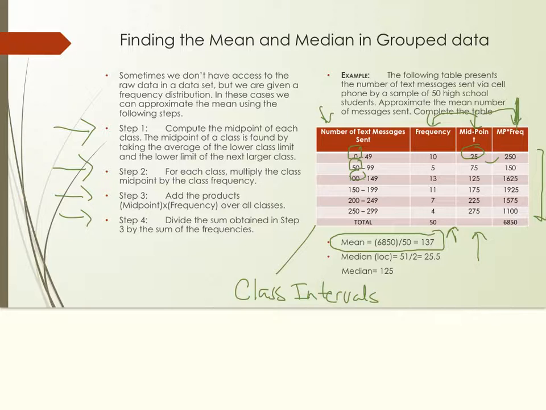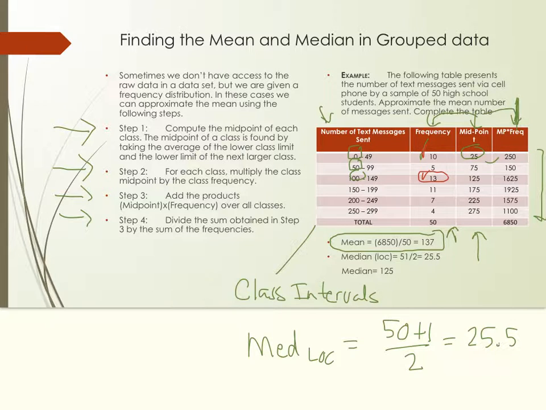To find the median location, we take the sample size, in this case the frequency sum. So the median location is equal to 50 plus 1 divided by 2, which is 25.5. So to find the median, we count on the frequency side all the way down until we get to 25, and that brings us approximately there.